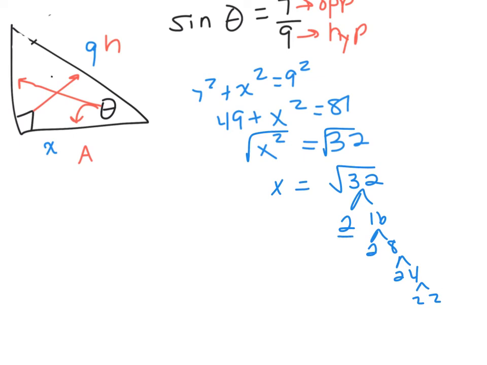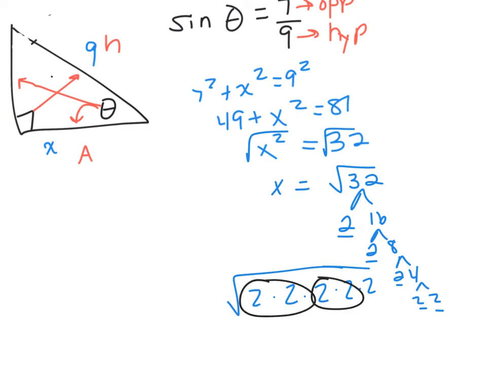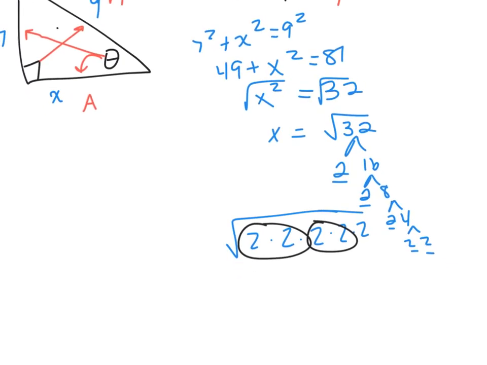So I have 1, 2, 2, 2, 3, 2, 4, 2, 5, 2. So I have a radical 2 times 2 times 2 times 2 times 2. Circle your doubles. I got a 1, and I got a 2. What's 2 times 2? 4. Bring it on the outside. So I get 4 radical 2 as my missing side length.